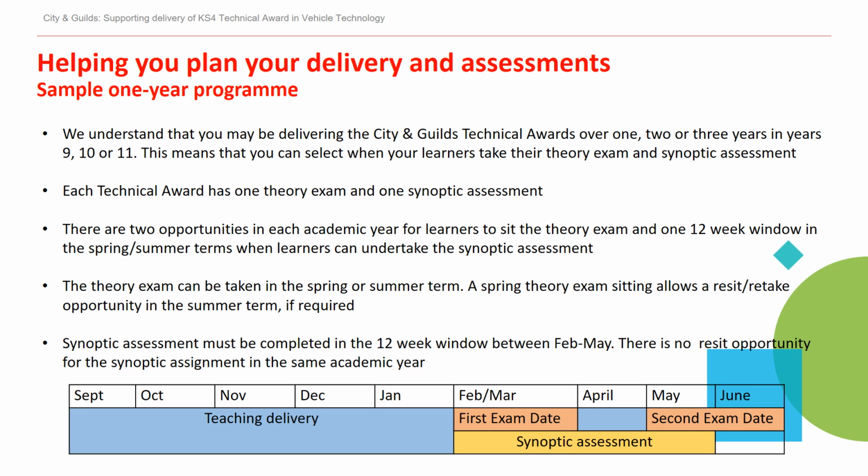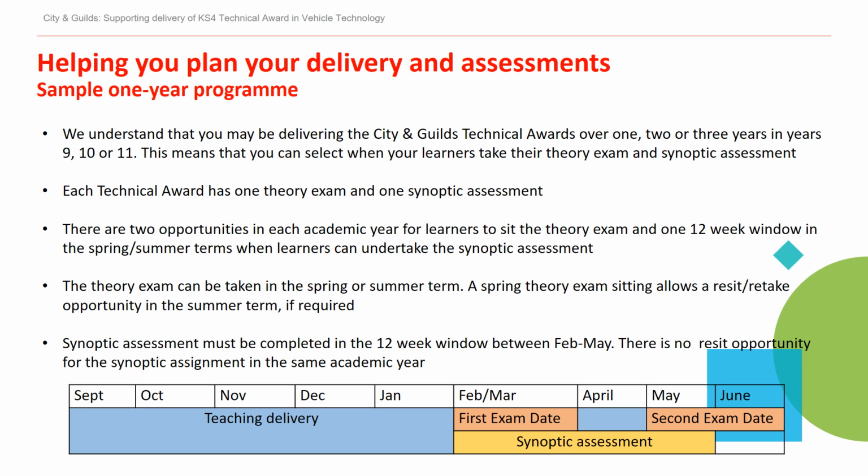You would then deliver all of the knowledge, including the practical skills if they're required, until February in the spring term. The synoptic assignment and controlled assessment will be released to centres for tutors in September. This is to allow the centres to prepare for the assessment and allow for the resources that may be required to deliver this assignment.